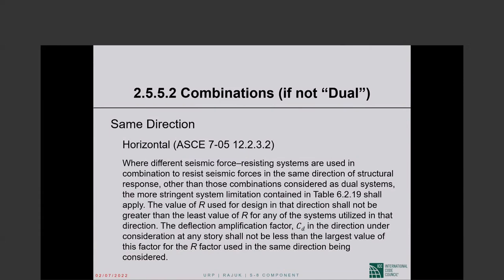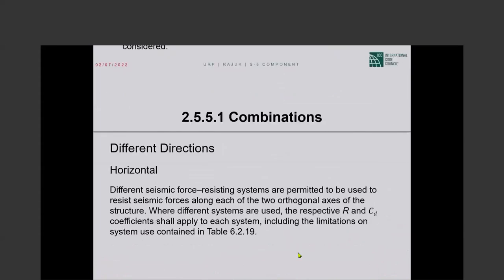In that case, you shall take the largest C sub D for that same R value. If you have 3 systems strung together that have the same R value, but the C sub Ds are different, you will take the largest C sub D. Okay, so this is a little bit of a tricky language.